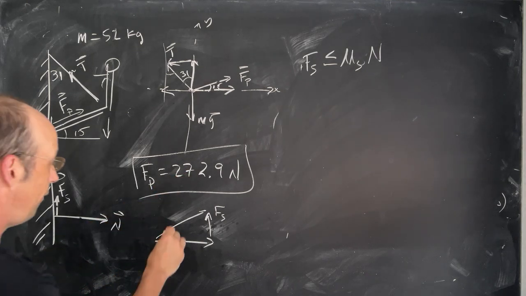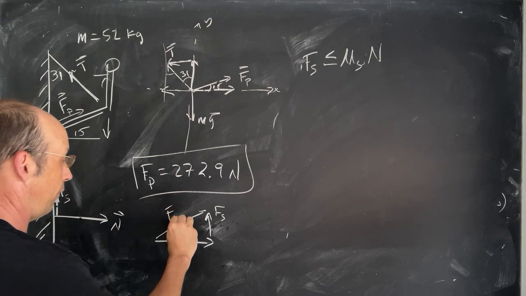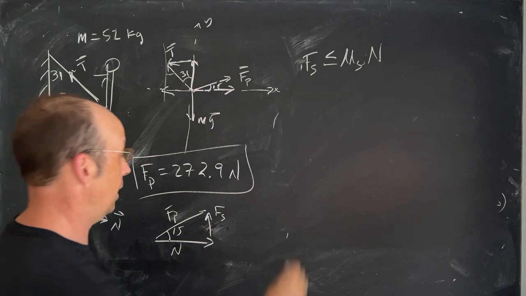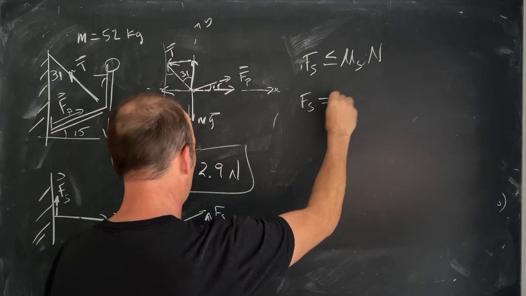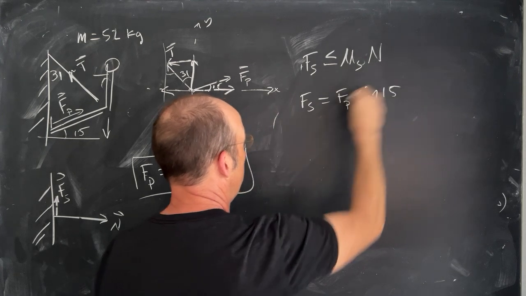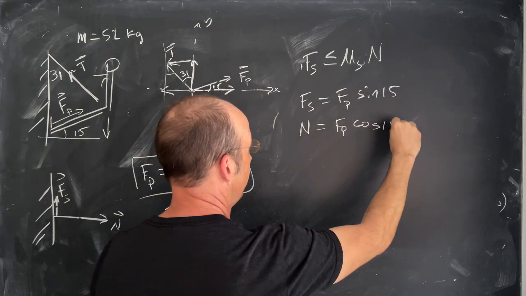Because if I know this is the angle 15 degrees and this is FP, then I can find an expression for the friction force. I can say Fs is equal to Fp sine of 15. N is equal to Fp cosine of 15.